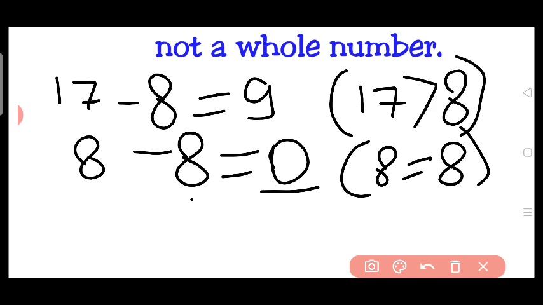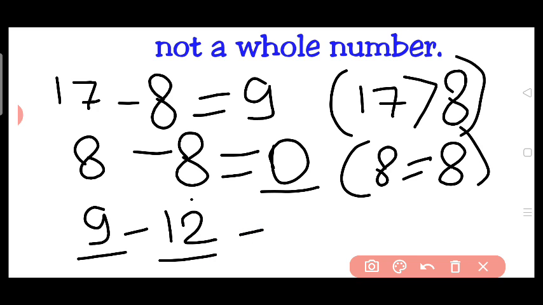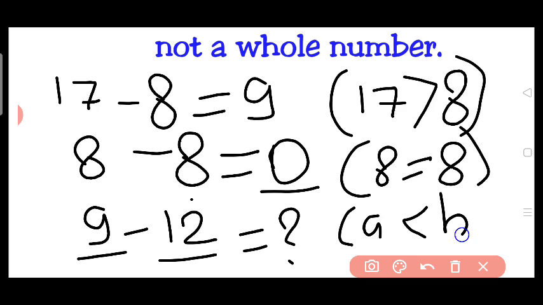But if we have a number like 9 minus 12, in that case we can see that a is smaller than b. So the result is not a whole number, because a is smaller than b.